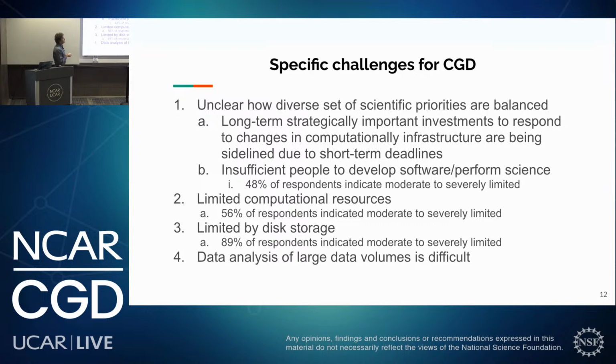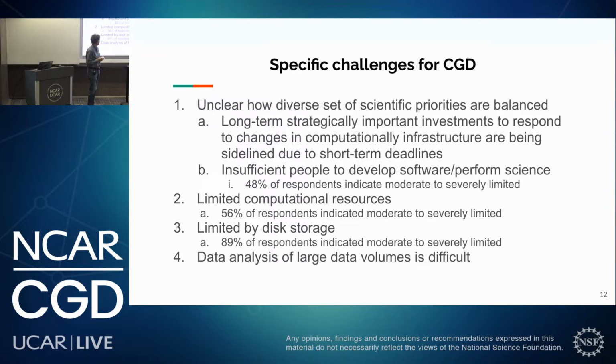All right, so specific challenges for CGD. One of the ones that really stood out was that it's unclear how a diverse set of scientific priorities are balanced. And this was a long statement, but I'll read it anyway. Long-term strategically important investments to respond to changes in computational infrastructures are being sidelined due to short-term deadlines.